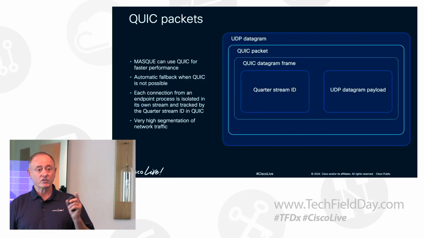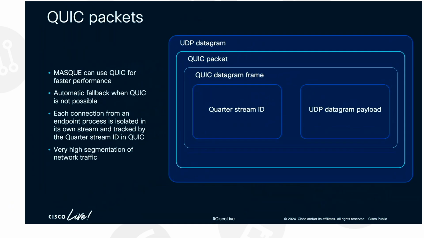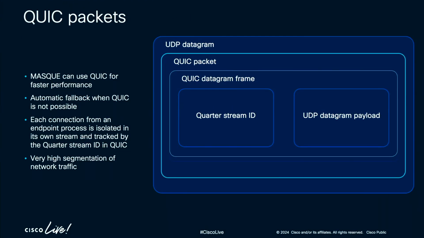Okay, so this is how the microsegmentation works in QUIC. There's something called the stream ID, and that's basically a multiplexing protocol. So you can have many of these stream IDs inside of one session, and each one of those stream IDs will be associated with a destination. So stream ID 1 will be www.cisco.com, and stream ID 2 will be finance.cisco.com as an example.